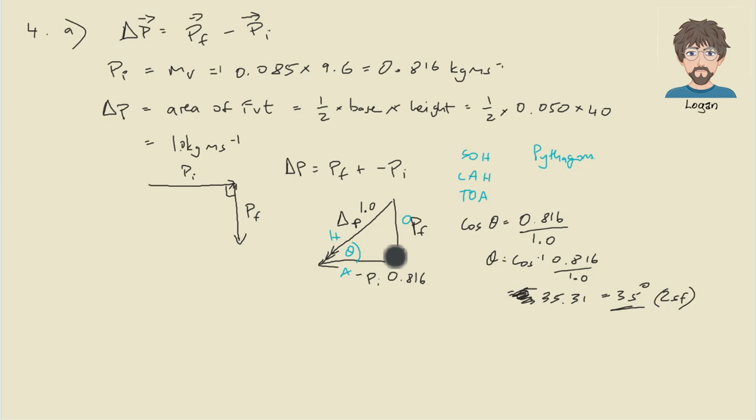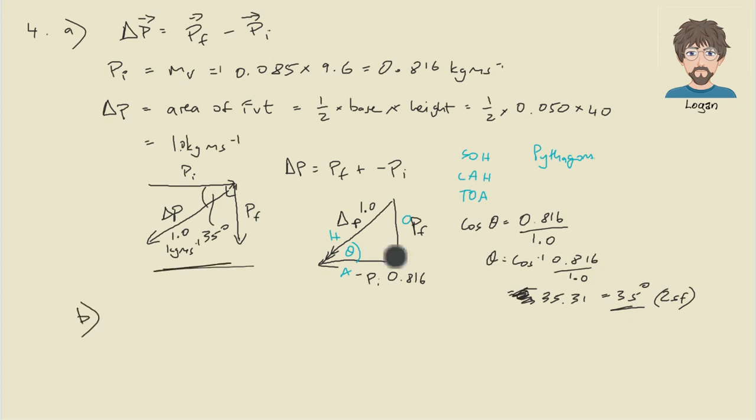The problem is, what direction is that? So if we put it on our graph here, this is the change in momentum, and here is the angle, and the amount of the change in momentum is 1.0 and the angle is 35 degrees. So that's my answer.